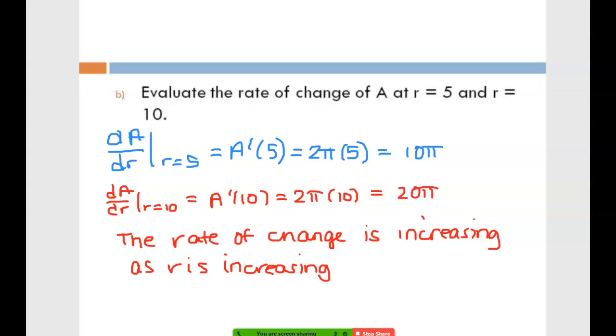Chase? Yeah. So that should make sense to you. If the rate's increasing as the radius is increasing, then it's getting larger faster.